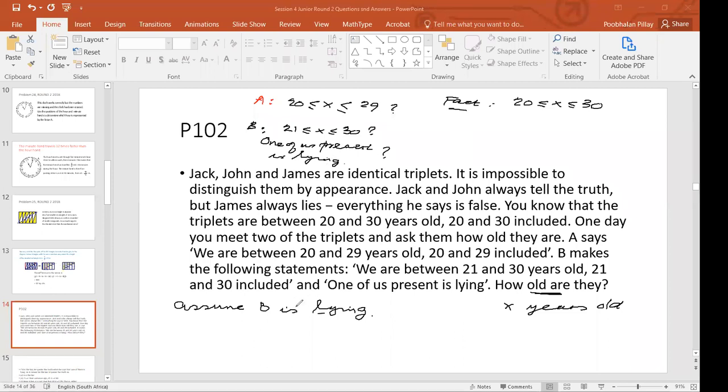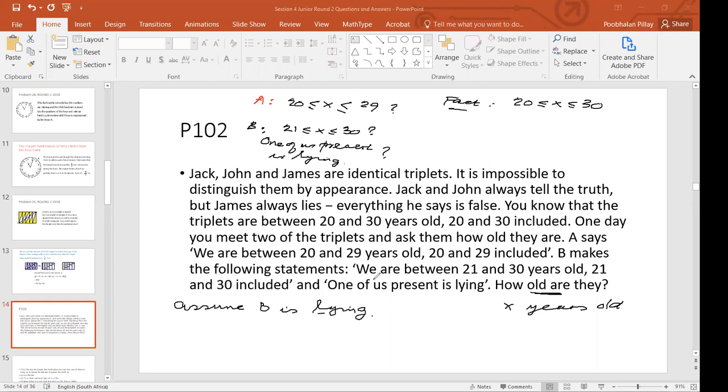Now he can't be lying and speaking the truth at the same time. I'll repeat this. Assume B is lying. The first conclusion is that, therefore, one of the two is lying, because I'm assuming this to be true. What does B say? B says one of us is lying, which means that he is speaking the truth. But we just said that he is lying.